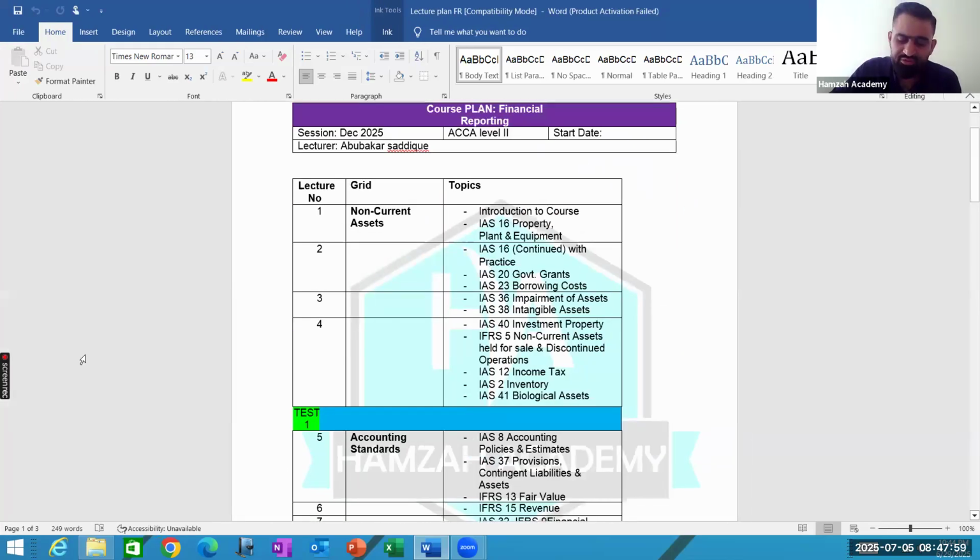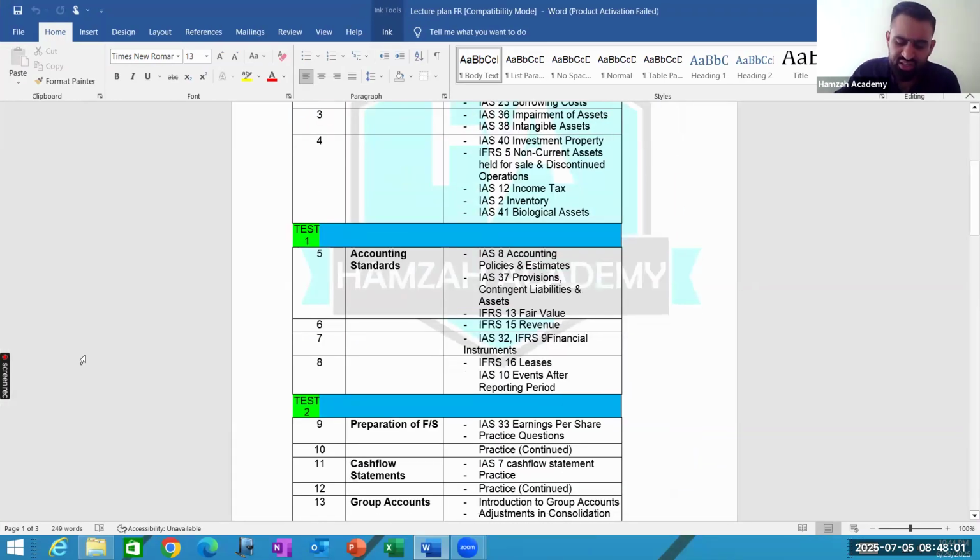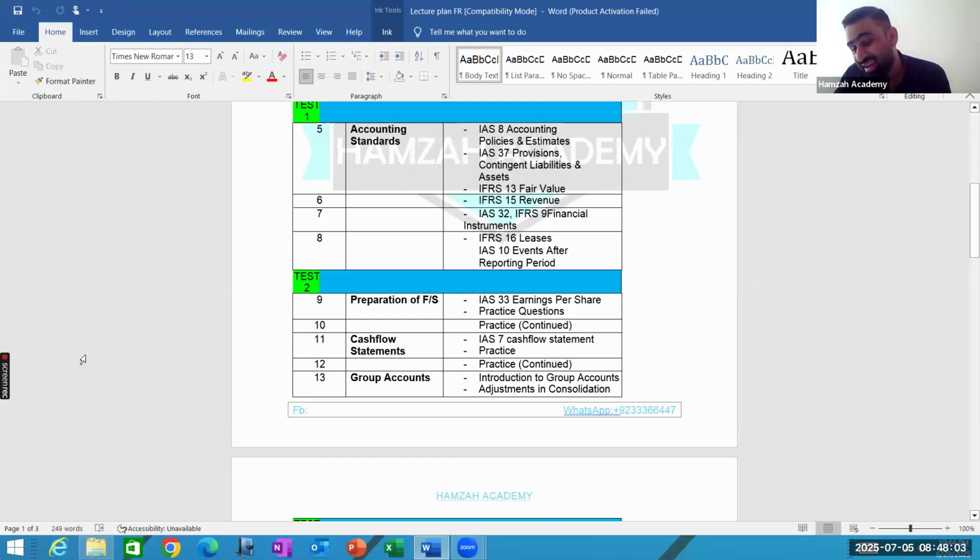And after covering all these areas, at the end of the session, we will be covering the conceptual framework as well, but that will be done at the end of the syllabus or at the end of the class.